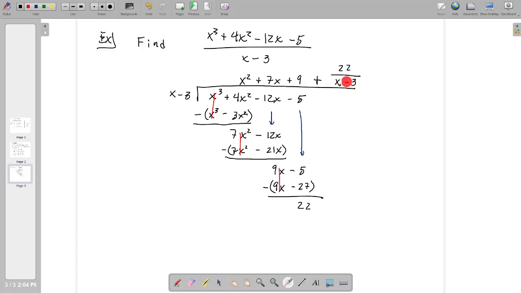So again, here's our divisor, d of x, our remainder is r of x, our quotient, q of x, and our divisor again is x minus 3, and here's our dividend.